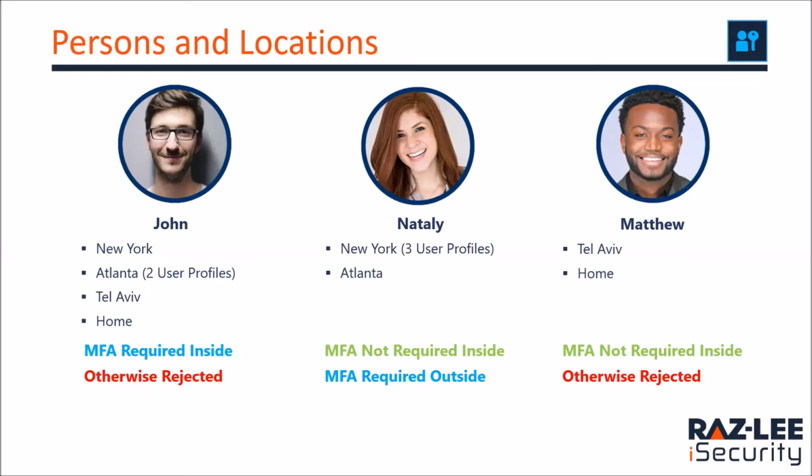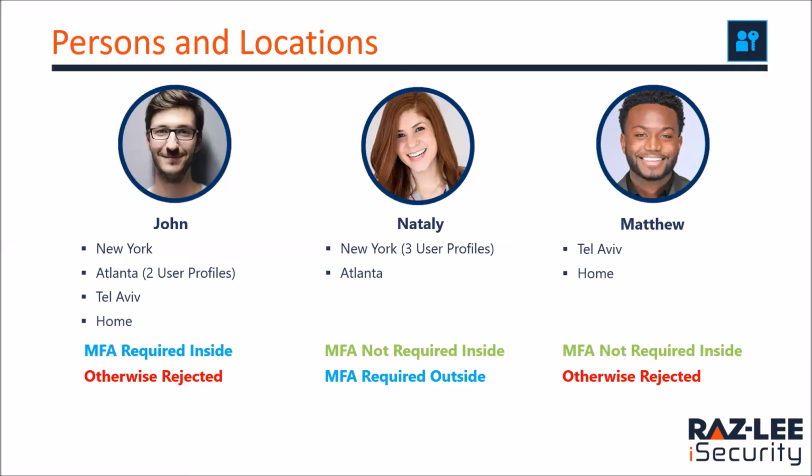In the case of Natalie, she can enter from New York and Atlanta and is not required to do an MFA, but from outside, it's required for her to do an MFA. And then there's the case of Matthew that he can enter to Tel Aviv at home and it's not required an MFA because at home he's using a VPN, so it's supposedly safe.